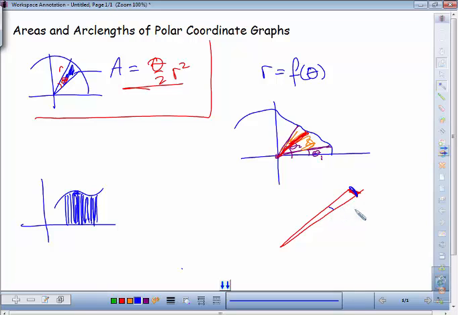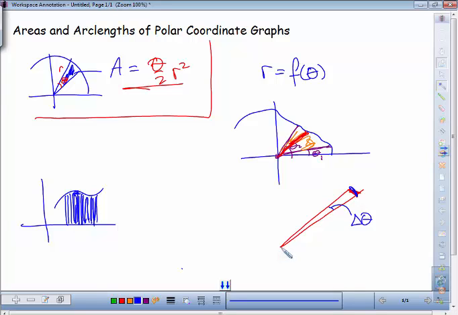The angles are going to be broken down into equal angles. The angle that we're looking at here would be your change in theta, delta theta, just like the change in the base, delta x.